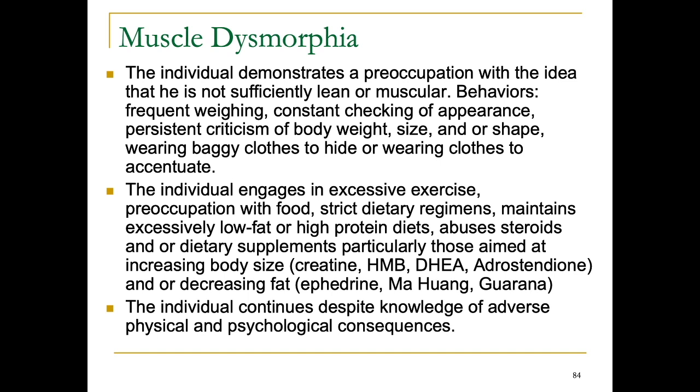And this could lead them to take horrible things, like ephedrine or androstenedione, which are stimulants that can cause a lot of harm. And this behavior is considered a disorder when the individual continues despite having knowledge of the adverse physical and psychological consequences. So it's like an addiction in that sense.